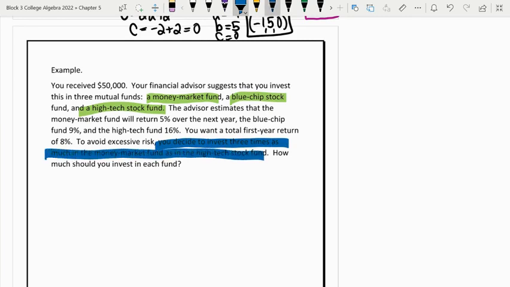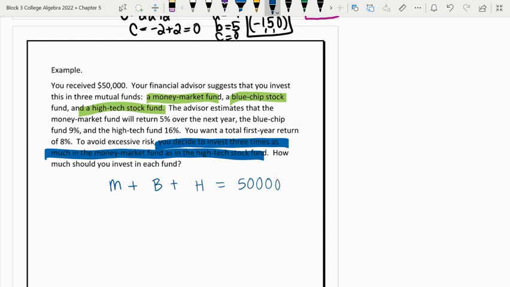Okay. All right. First equation is we have $50,000. So I have a money market, a blue chip stock, and a high-tech stock, and I have $50,000 to invest.